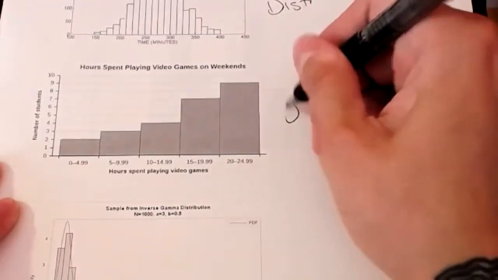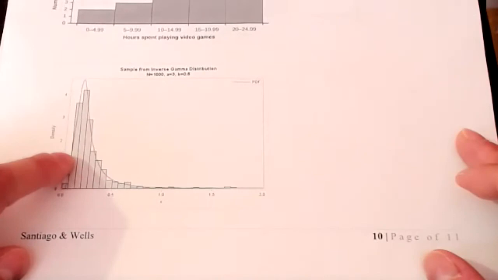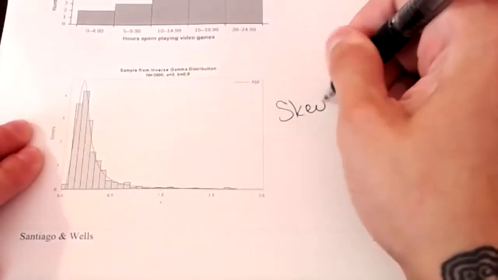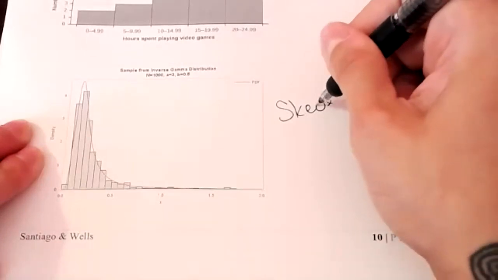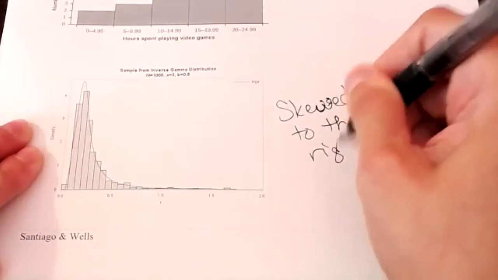J-shaped. Yes, J-shaped. Skewed to the left. This one? This one skewed to the right. Yes, skewed to the right. Good. You definitely want to go towards the right side of this. Awesome.